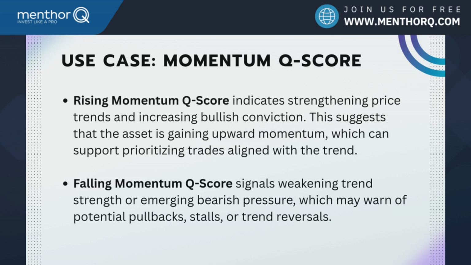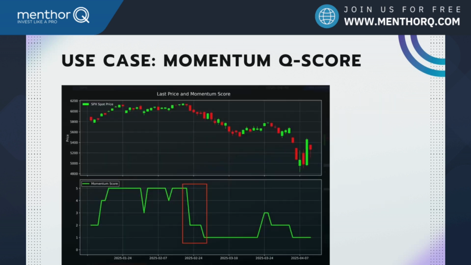Let's see another example. This is another good example of the momentum score, around February, when we had the tariff announcement at the beginning, and we saw the S&P dropping around 20%.